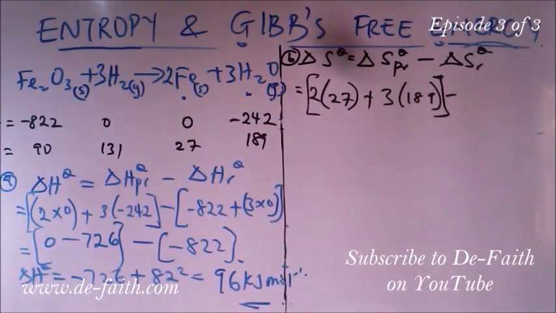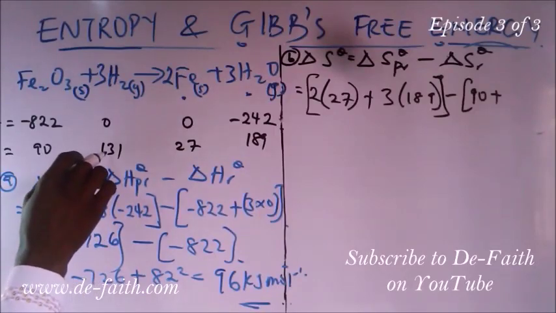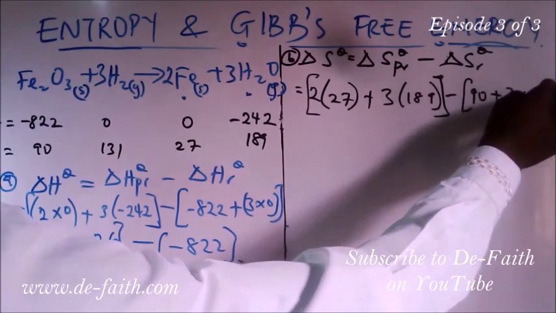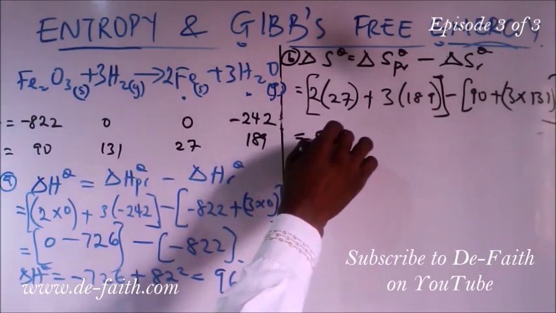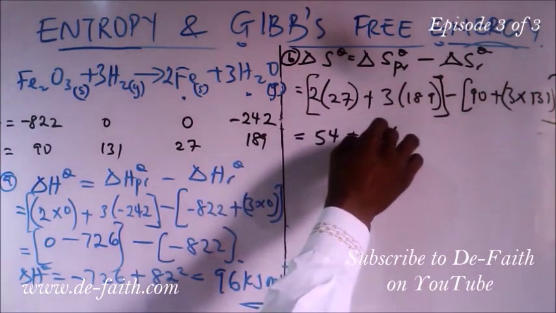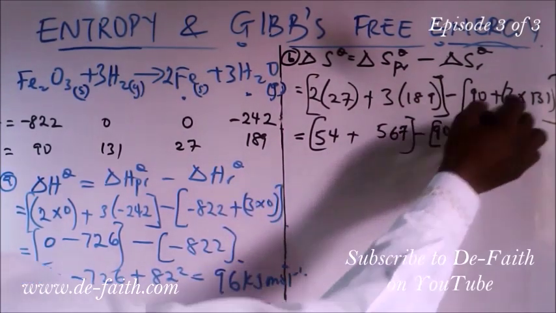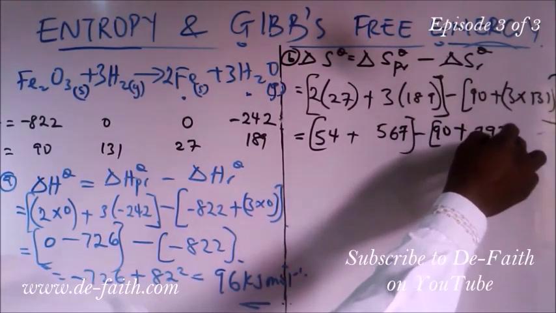for the reactants, we have 90 plus, we have 3 moles of hydrogen gas, that is 3 times 131. When we multiply this out, we'll have 54 plus 3 times 189, and that gives 567, minus, so we have 90 plus 3 times 131, that gives 393.